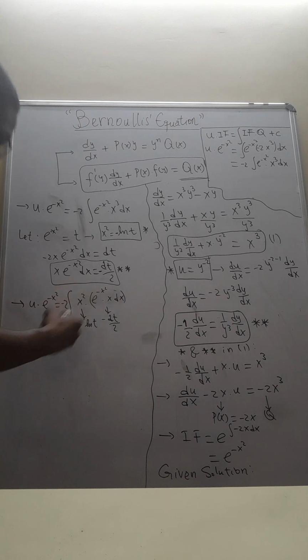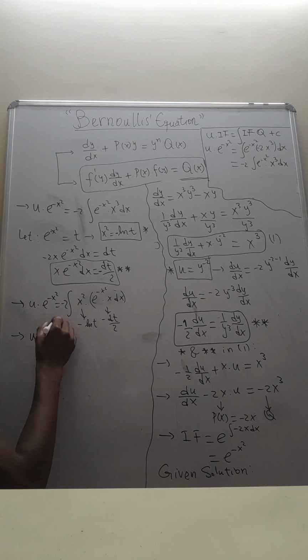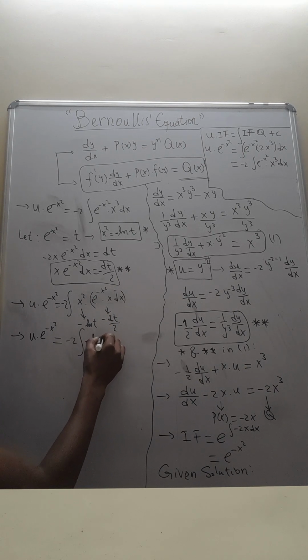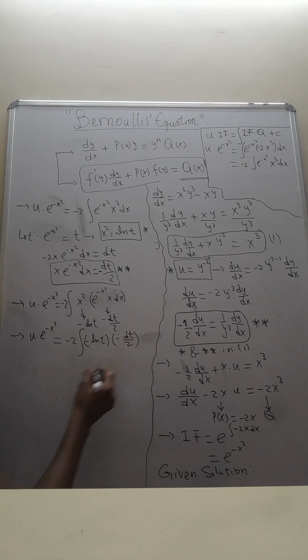Then just substitute in this. So you will have u Euler minus x squared equals minus 2 times the integration of minus ln of t times minus dt by 2.